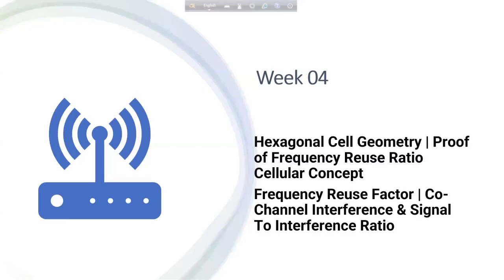So today we are going to observe some mathematical proof related to the frequency reuse ratio. In last class we started the concept of hexagonal cell geometry, and we saw some basic equations related to cell geometry.